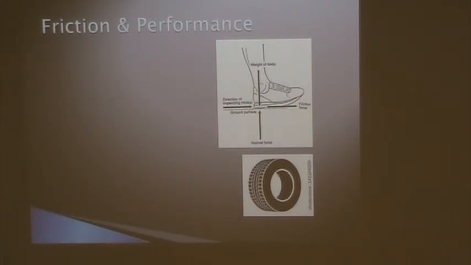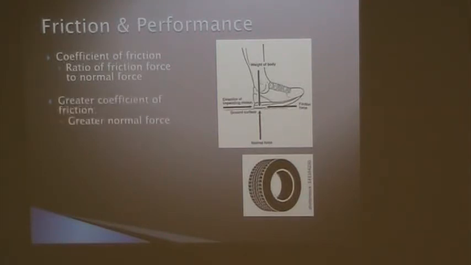Okay, other things having to do with friction and performance. There is this concept called the coefficient of friction. This is the ratio of friction force to normal force. And really that's just talking more about what we just talked about. Essentially what you need to know is the greater the coefficient of friction, the greater the normal force.